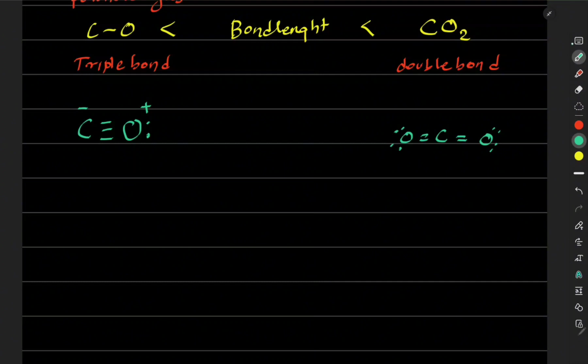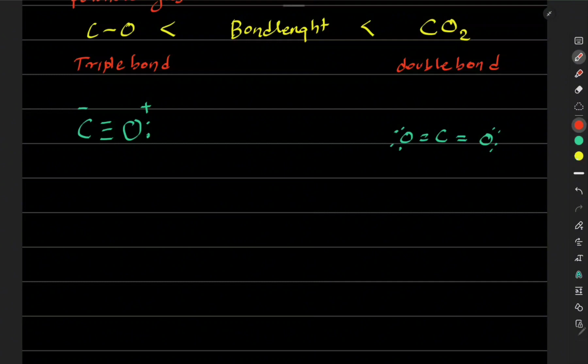What are dative bonds? Dative bonds are formed by sharing a pair of electrons with a bonded atom which is electron deficient. I'll show an example.